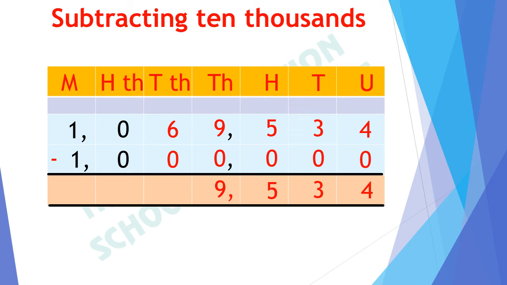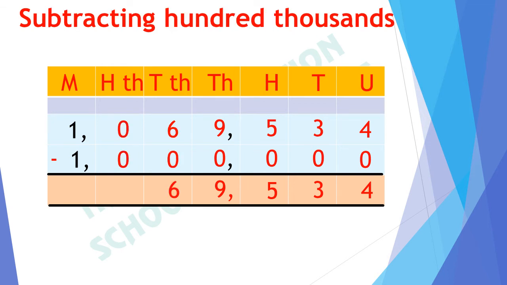Now we will move towards 10,000s. We have to subtract 0 from 6. We have to take away 0 10,000s out of 6 10,000s. If we subtract 0 from any number, we get the same number. Now we will move towards 100,000s. From 0, if we subtract 0, we get 0.